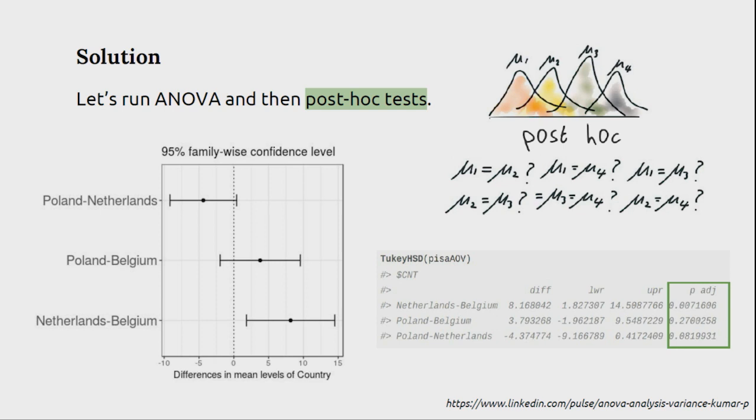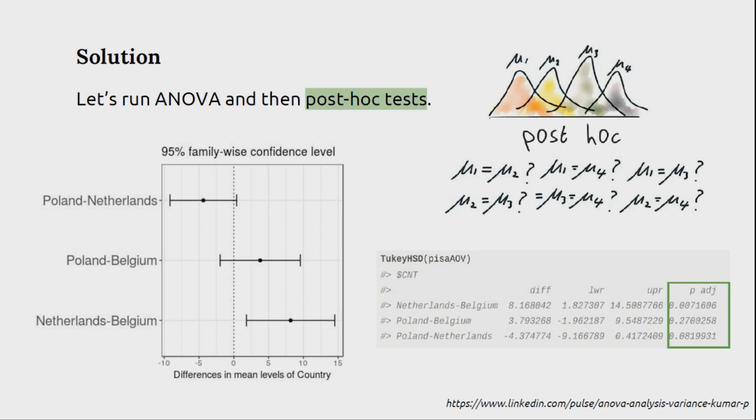And here's also a visualization, similar to the previous one, however a little bit different story. On the y-axis we have all pairs from our data set, and we mark the difference in mean in each pair, also with a 95% confidence interval.